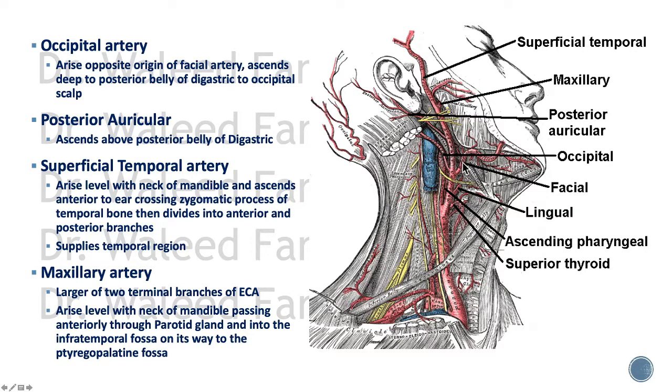So there are structures that pass between the internal and external carotid arteries. And remember the relation down there, right at the bifurcation, that the internal carotid is lateral and the external carotid is medial. Remember that the external carotid has to supply the neck and face, so it must stay close to these structures as much as possible. Get it? Okay.